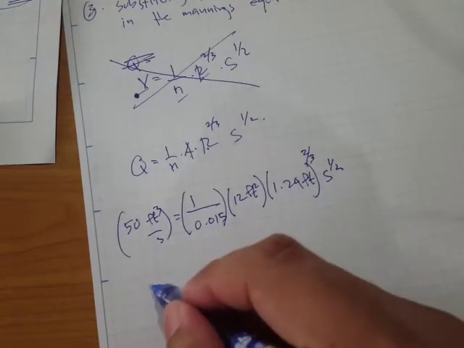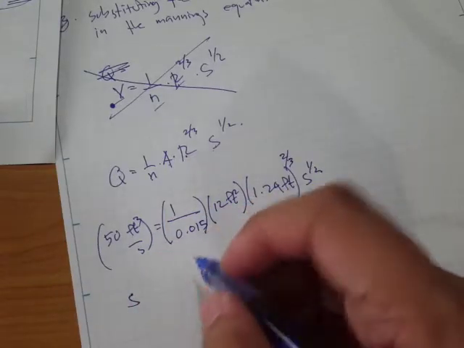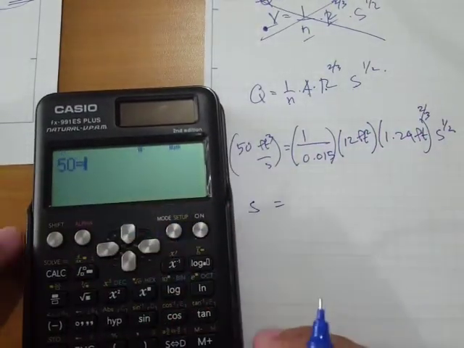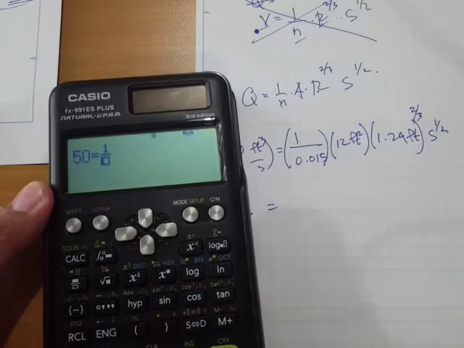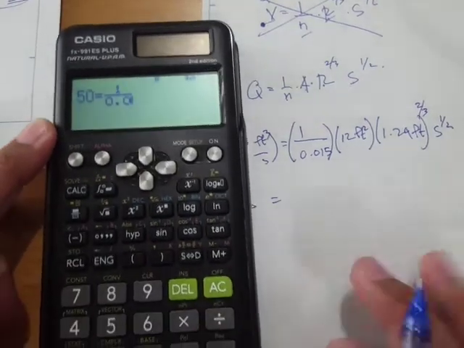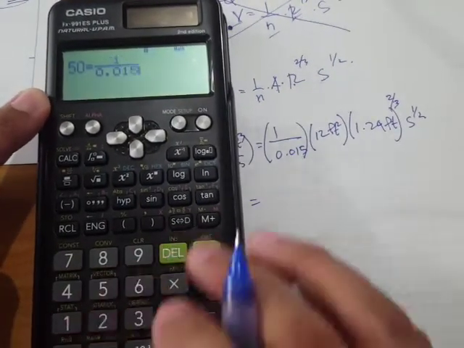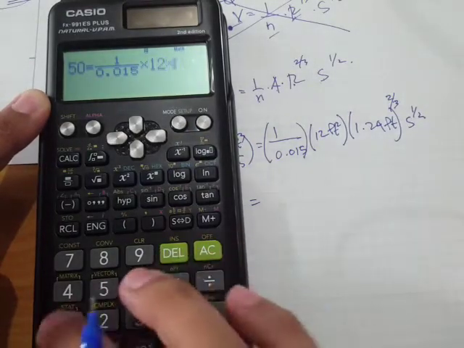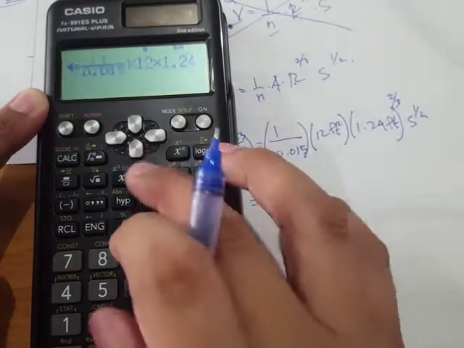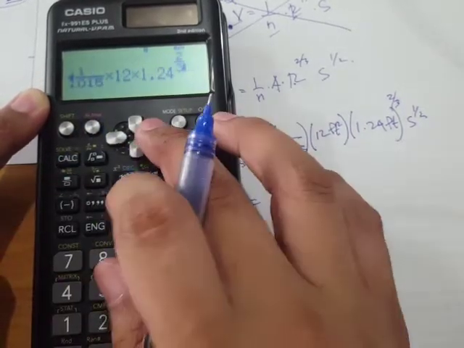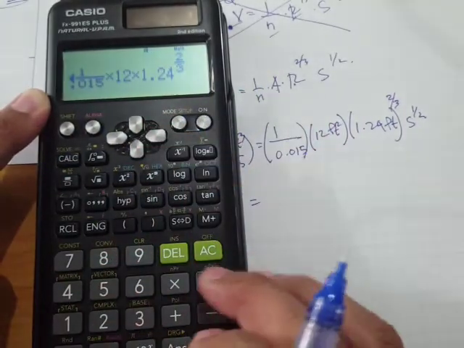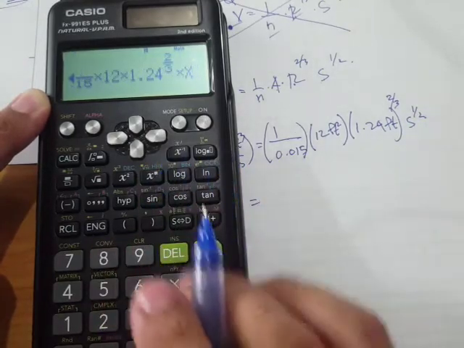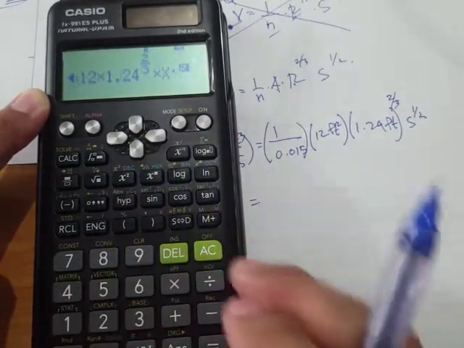Right, so therefore S is equal to, let's do the shift solve, 50 equals 1 all over 0.015 times 12 times 1.24 raised to 2/3 times our variable, let's say x, raised to 1/2 or 0.5.